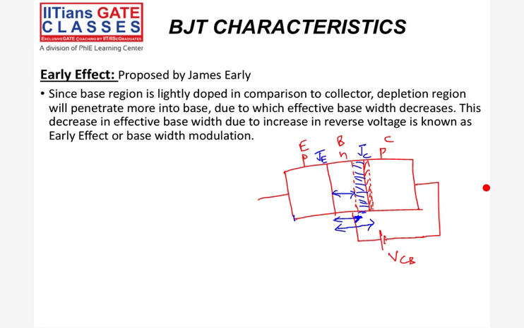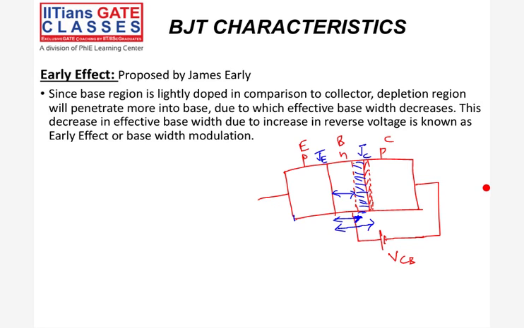So recombinations we can reduce. So that recombination current, that is base current, can be reduced. If it is reduced, then the flow of majority charge carriers will be faster. So more current will be flowing through the junction. Like that, many changes will be coming, but this is the main concept here, how base width is affected. This base width effect is known as early effect or base width modulation.